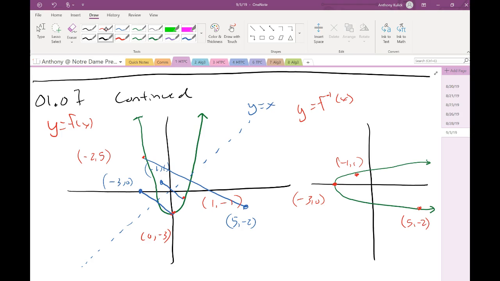Can everybody see visually the reflection happening now that I draw and illustrate? Notice it's still the same thing as transposing the x and y coordinates, just flipping those locations.